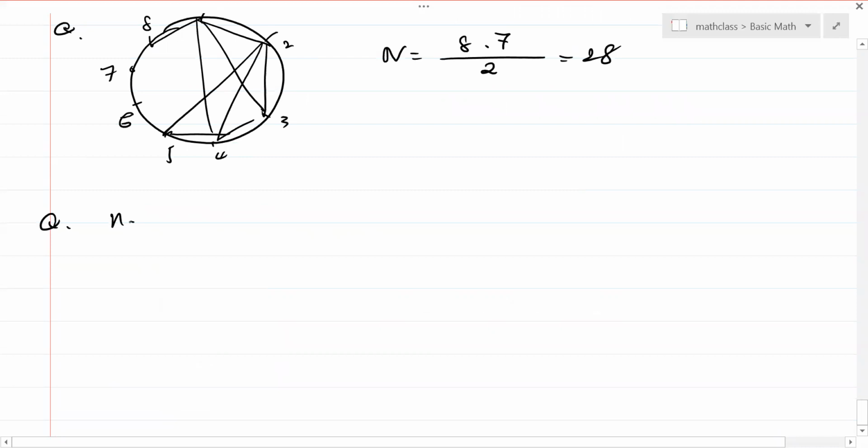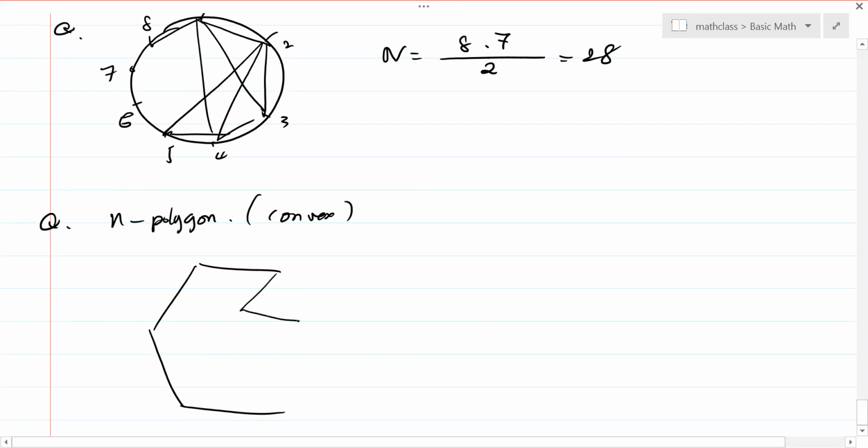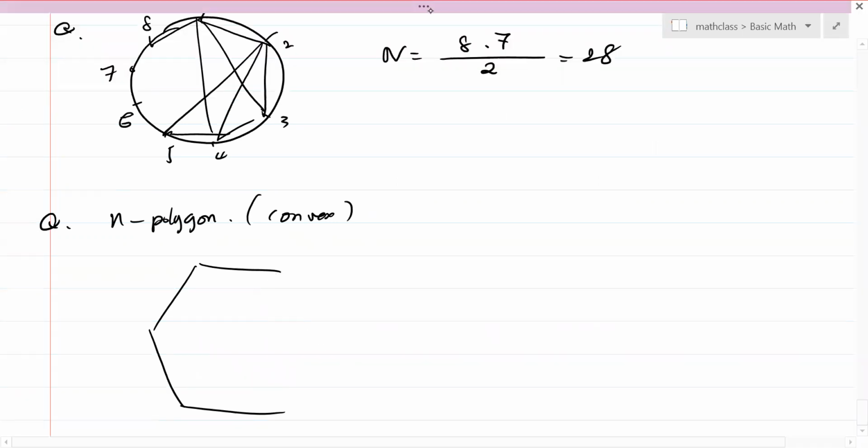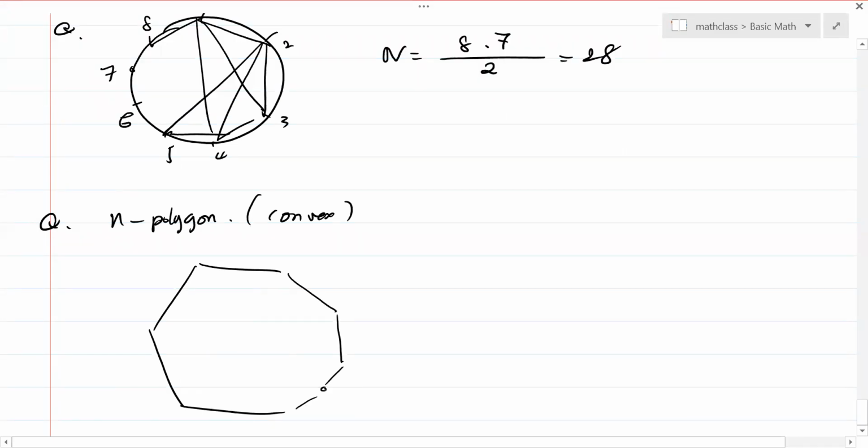This is an n polygon, a convex n polygon. Convex means like that. It's not going to be like that. This is not convex. So you have an n polygon, therefore n vertices.